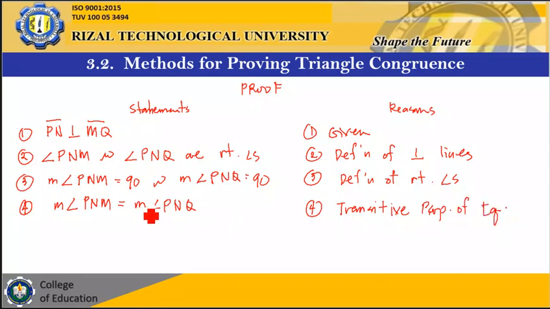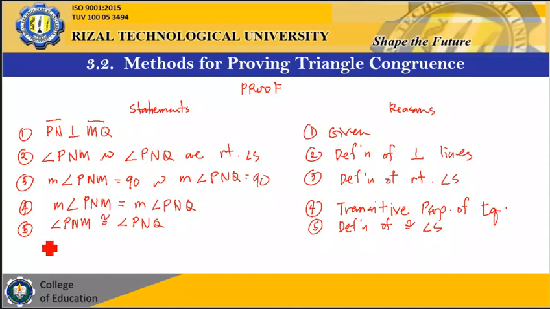Next, since we have already shown that the measures of the two angles are equal, then we can say that angle PNM is congruent to angle PNQ, and that is the definition of congruent angles.